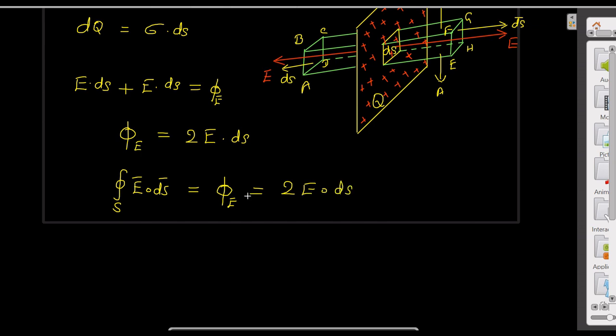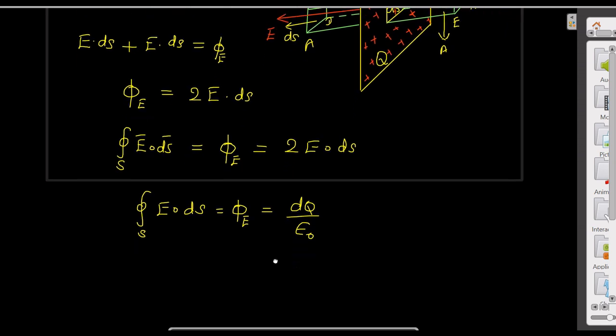But according to Gauss theorem, we know over the closed surface E dot ds, which is equal to phi E, must be equal to Q by epsilon naught. What is Q here? Q is dq. Since the system is in vacuum medium or free space, we write dq by epsilon naught.